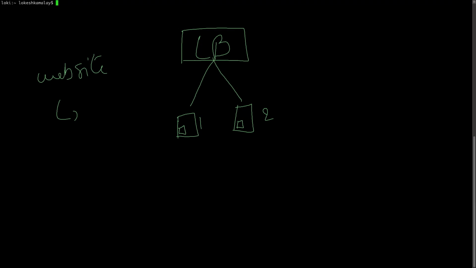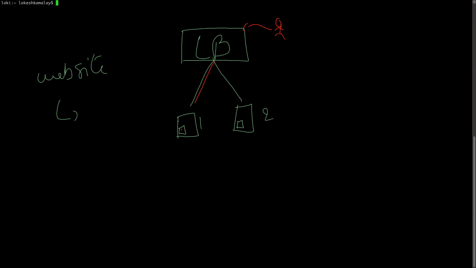With this approach, the problem is, if someone, X, accessed and created some order, he purchased the product. So initially he connected to this VM and the data is stored here. Now he wanted to cancel the item.